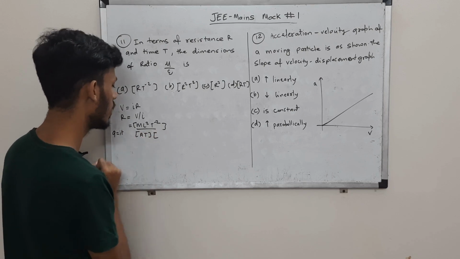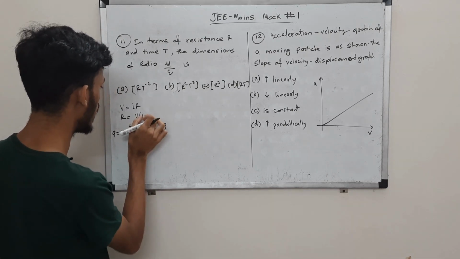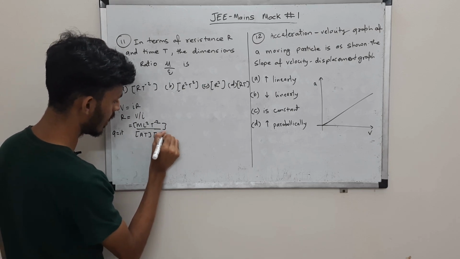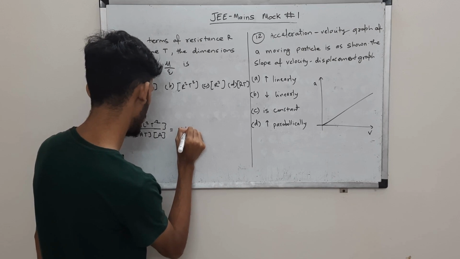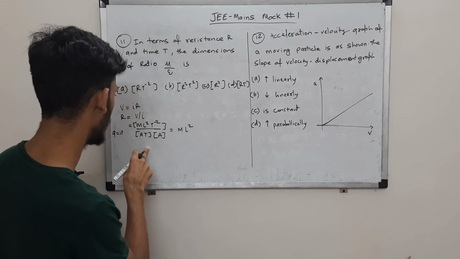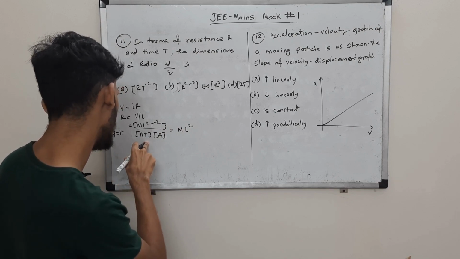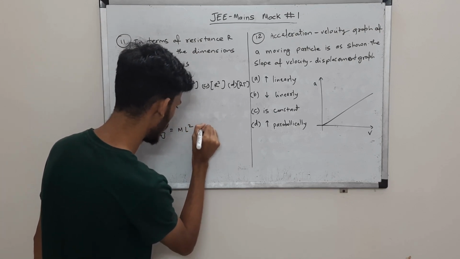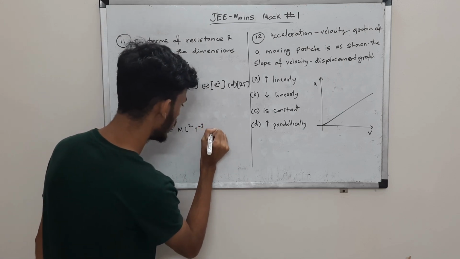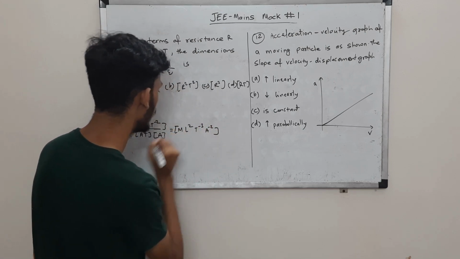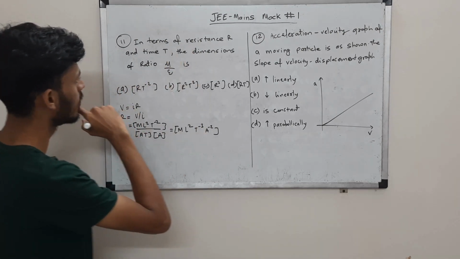Here in the denominator, this is V, work by charge, and this is I. I is again ampere. So here we will have ML squared, that is unaffected. A squared in the denominator will go on top. Here we'll have T to the power minus 3, and A squared in the numerator, power minus 2. Now the next thing, we will find the dimensional formula for mu.